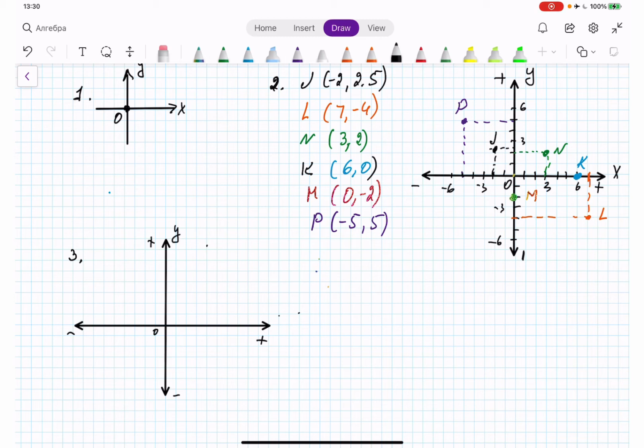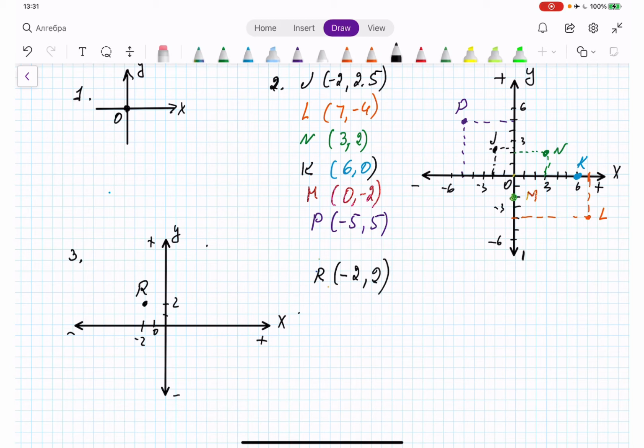Let me start with black color. I have this point. So this is 1 and 2, negative 1, negative 2. And this is 1 and positive 2. So I have letter R. The coordinate for letter R is x is negative 2, and y is positive 2.